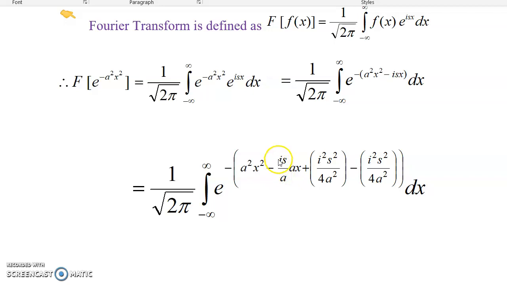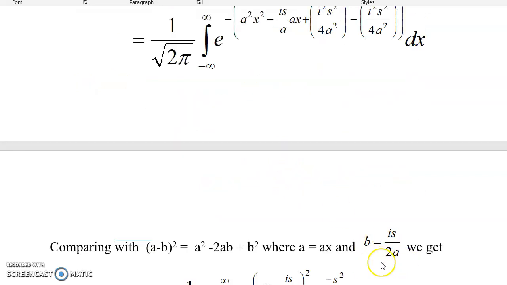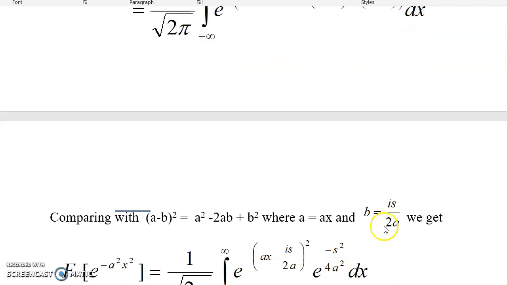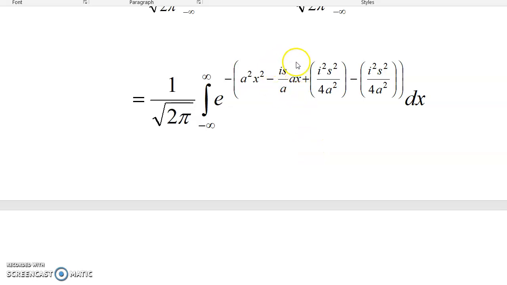See, this term is the 2ab term. This is a squared minus 2ab. So if this is a, what is this? This is 2b. If this is 2b, b will be is by 2a. See, here we have written. So the b term will be is by 2a, because this is 2ab where a is ax, where 2b is is by a. So b will be is by 2a.